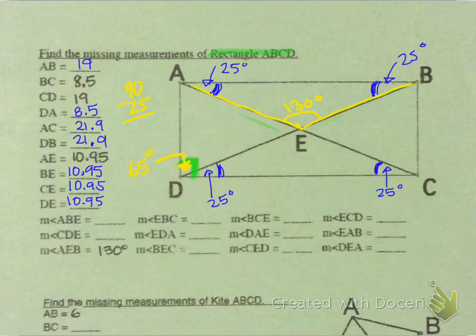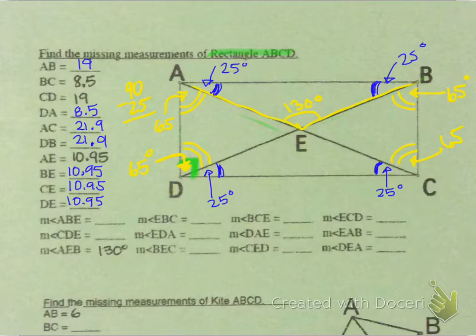Now I know that this yellow angle that I just found is the same as this one over here, so that one is 65, and this one over here is also 65, and this one over here is also 65, because those two triangles are isosceles and congruent.